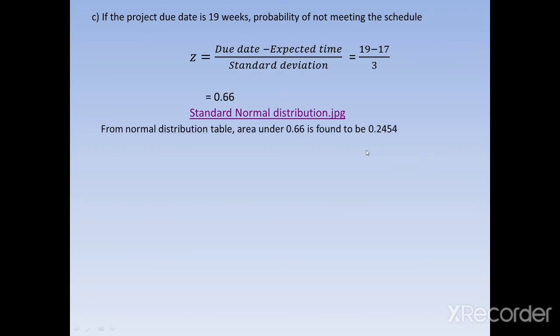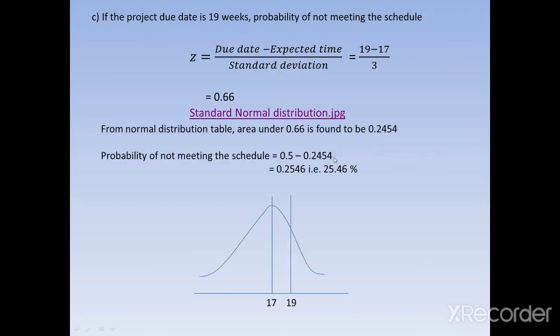So firstly we need to calculate this. 0.2454. So not meeting is this area. We need to calculate the not meeting, that's why we have to find the area on this side.